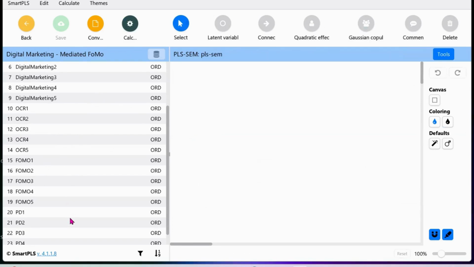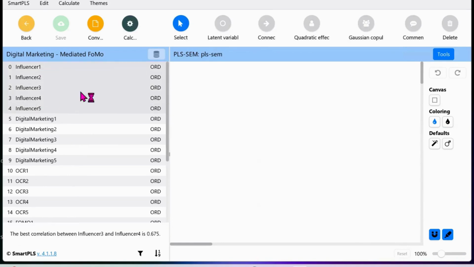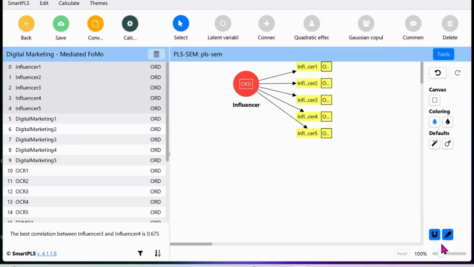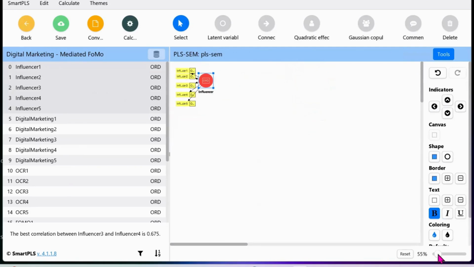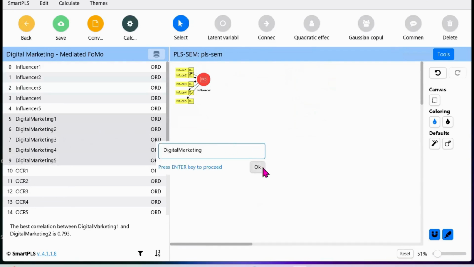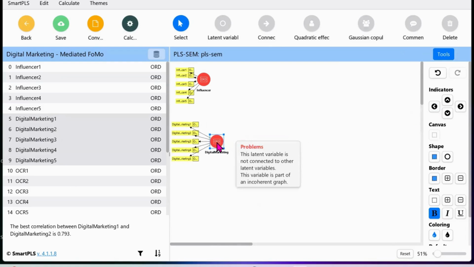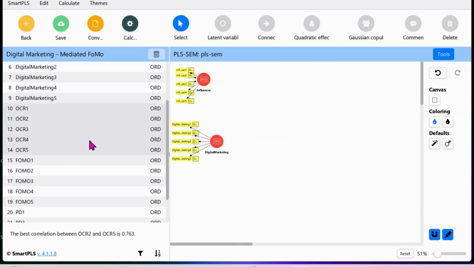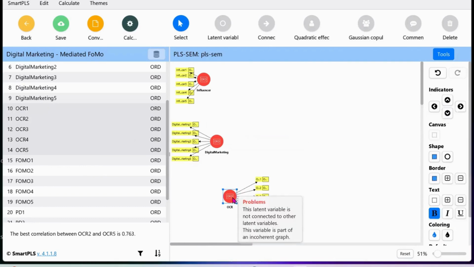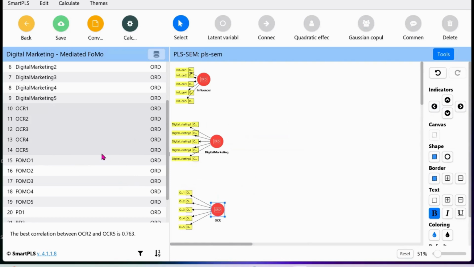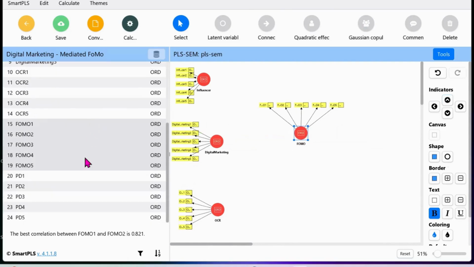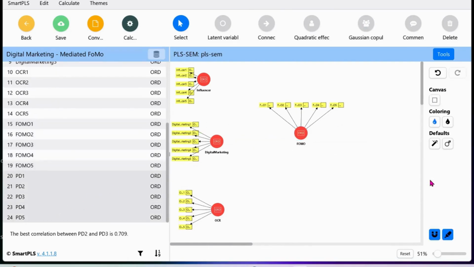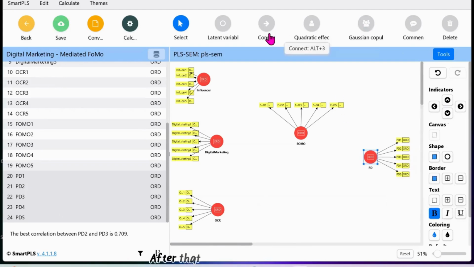After that, I connect the constructs according to the conceptual framework.